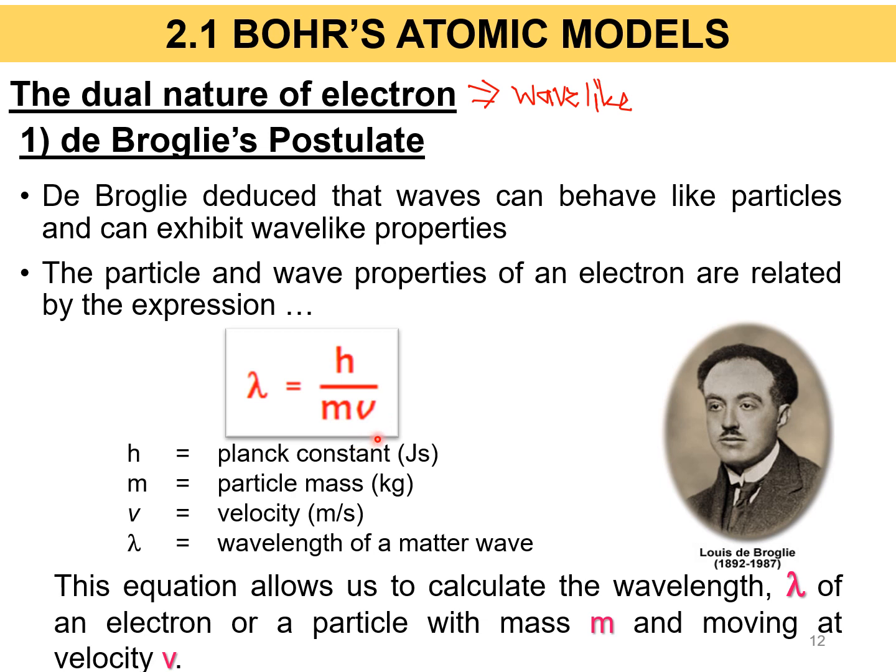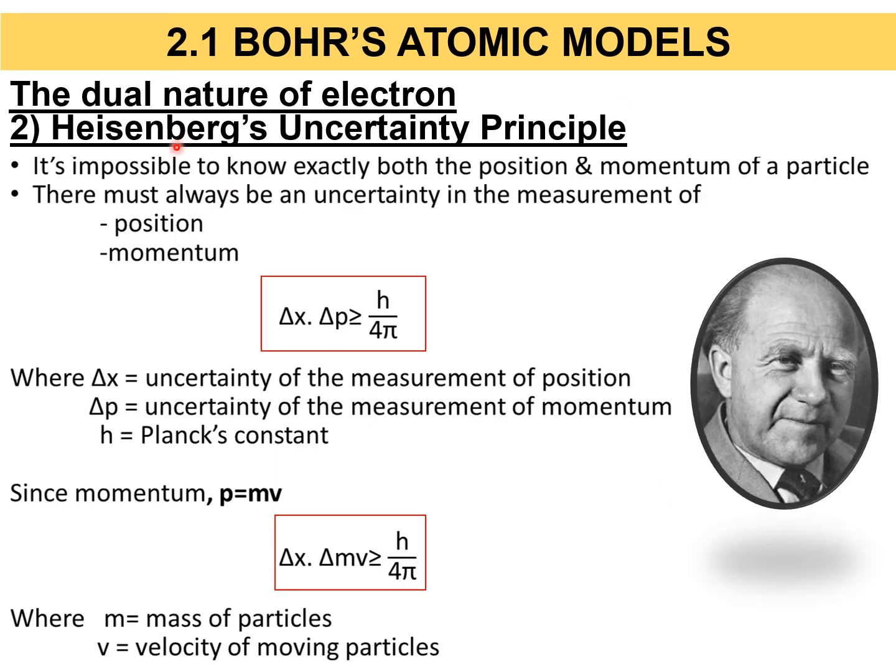yang membolehkan from this formula kita boleh dapat cari velocity untuk sesuatu elektron. Okay, next, Heisenberg's uncertainty principle pun dapat menerangkan pasal dual nature of electron bila Bohr's atomic models fail to do so.